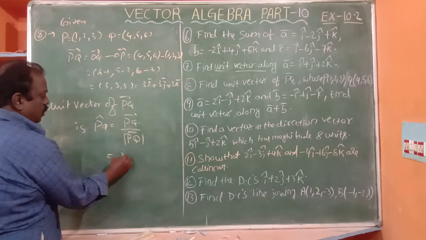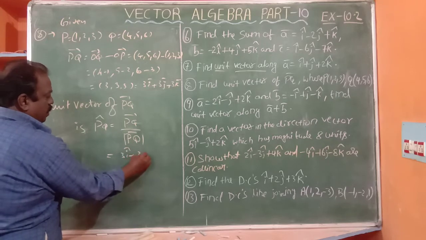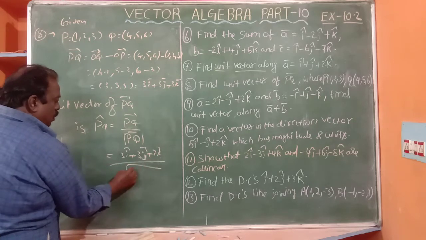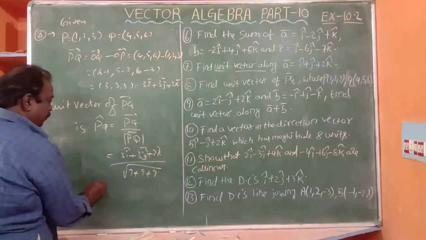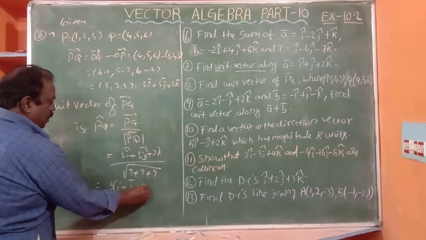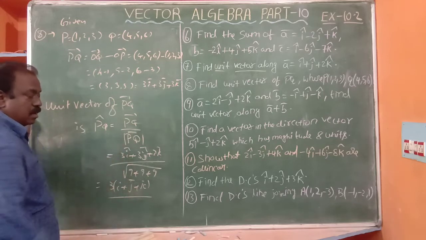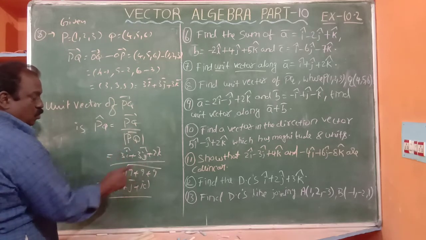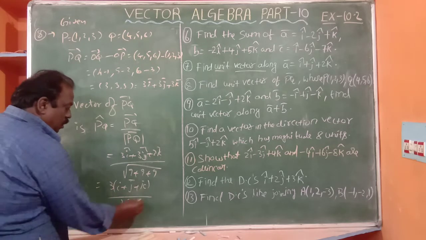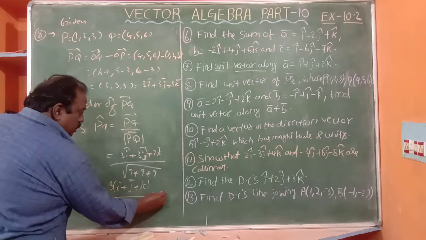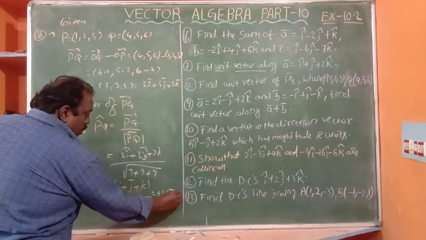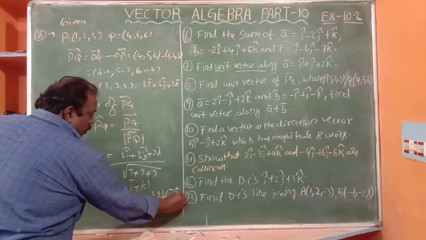It is 3i plus 3j plus 3k by root of 9 plus 9 plus 9. Taking the common 3, that is 3 of i plus j plus k, by root 27. Root 27 means 3 root 3. So 3 cancels. It is plus or minus 1 by root 3 of i plus j plus k.